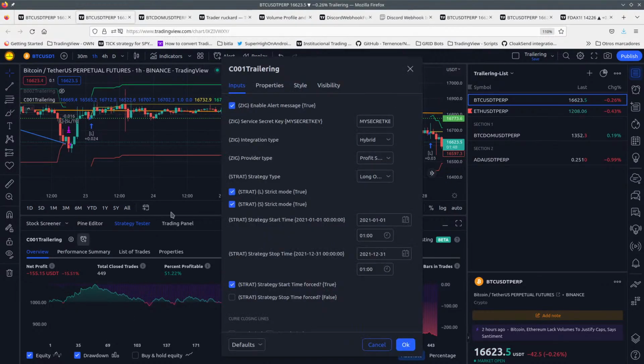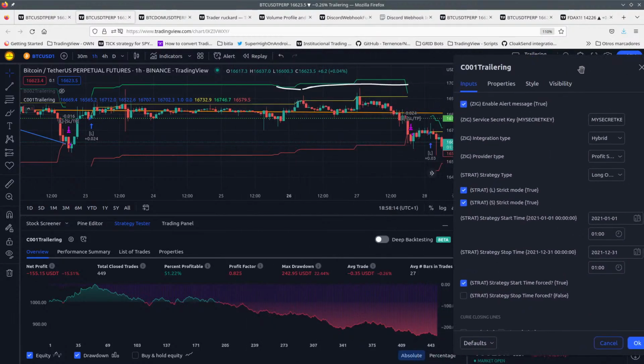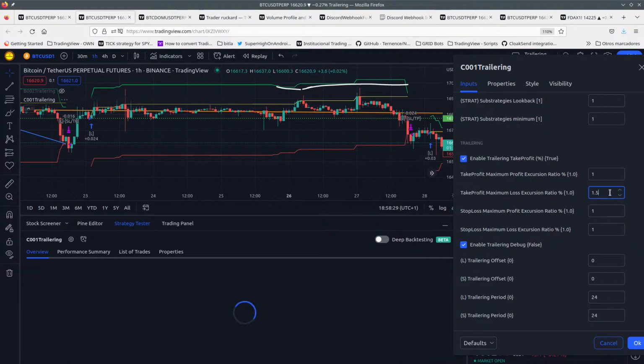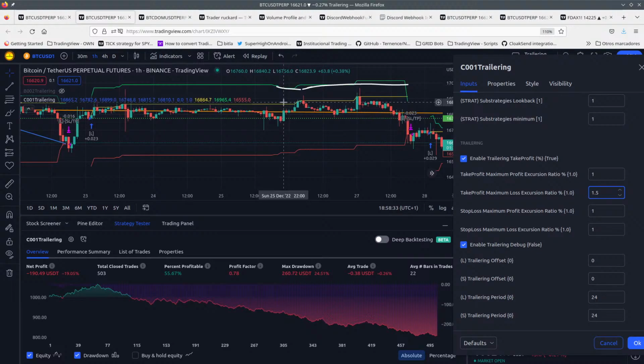So how do we do this? So this is the long, what the hell is this? Take profit maximum loss. We can change this into 1.5, and this should go down faster than it does right now.